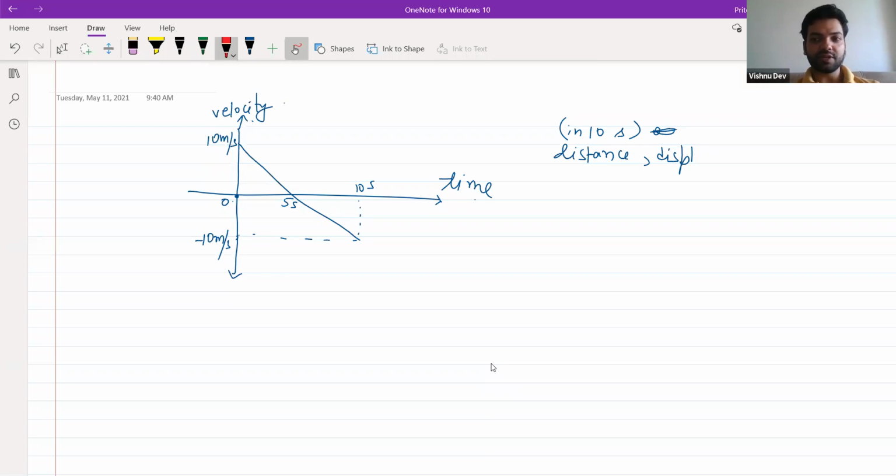Right, 50 meters. Yes, Shivansh, any question? Velocity 10 meter per second. Yes, initially it has 10 meter per second, finally it has minus 10 meter per second. Displacement is 10 meter per second? Displacement, how will we get it in meter per second? It should be in meters, right?